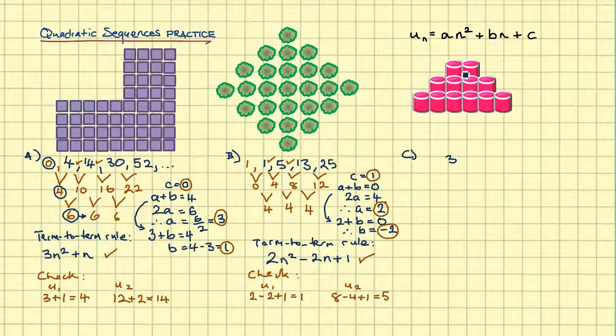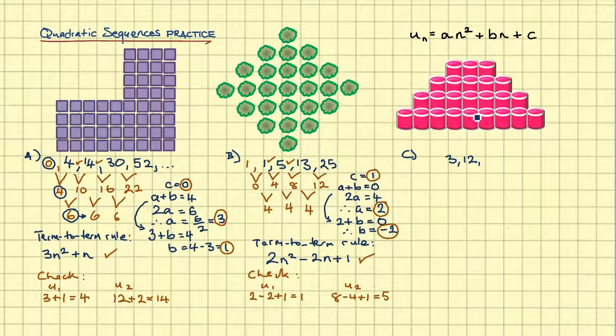So pots of paint. First term is 3. Now we've got, goodness, 6 add 4 add 2 is going to give us 10, 12. 6 add 4 gives us 10, add 2 gives us 12. So our second term has to be 12.